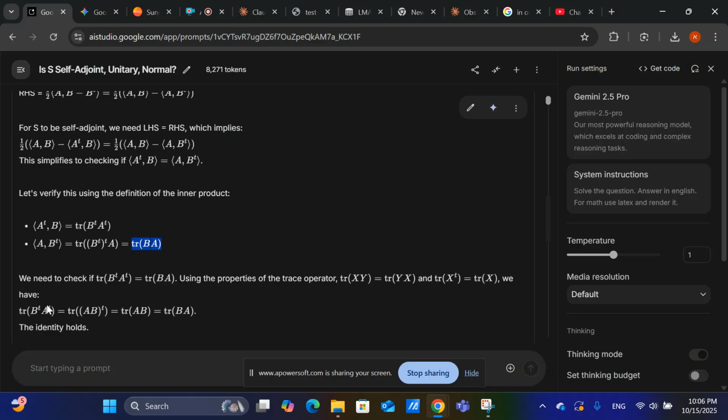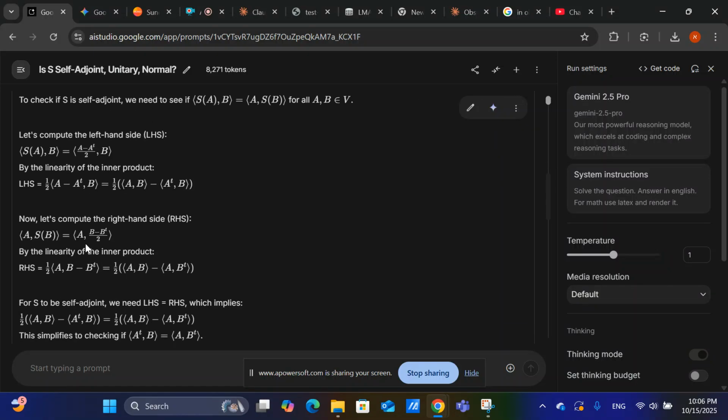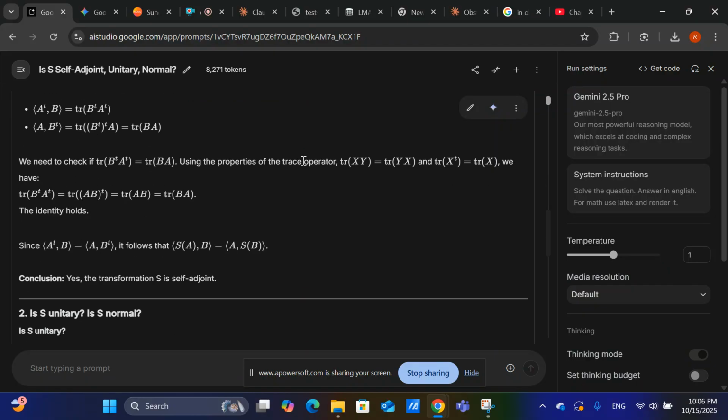And why? Because if you look at this, it's just the transpose of AB. But as we said, the trace of a transpose equals the trace itself. And as we also said, we can move the matrices in the trace cyclically. So the trace of AB equals the trace of BA. And here we got, namely, this holds. The transformation is self-adjoint.